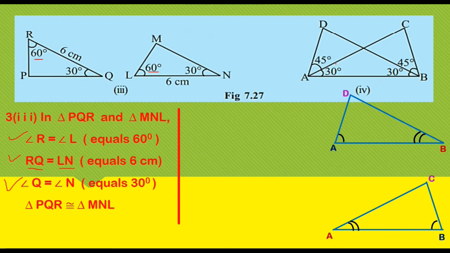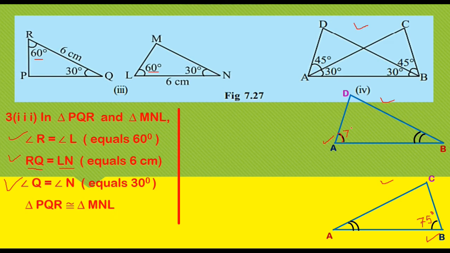Here two triangles are there. I have separated the two triangles to make it a little easier to understand. If you see, angle A is corresponding to angle B. Here both are 75 degree. You can clearly see 30 and 45 makes it 75.